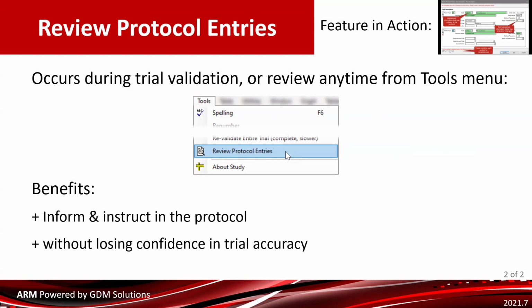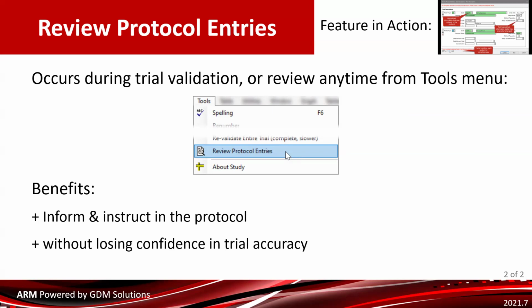And again, the goal is to bolster and enable protocol writers to put in anything without that fear of losing accuracy in the trial. Because some feedback that we had heard is, well, if I put too much in the protocol, how do I know the trialist saw it?